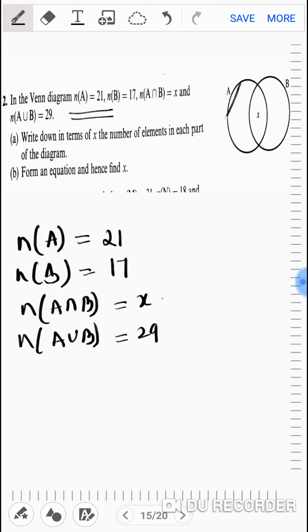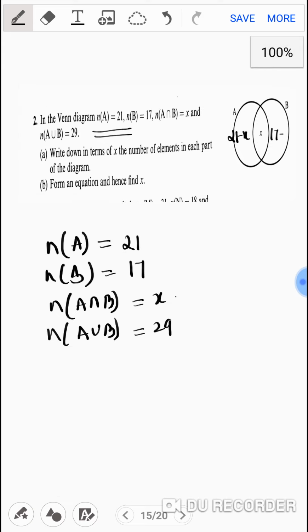Total here are 21 and this is the intersection X. So what will be only A? That will be 21 minus X. What will be only B? That will be 17 minus X. Getting my point? And together their union is 29.